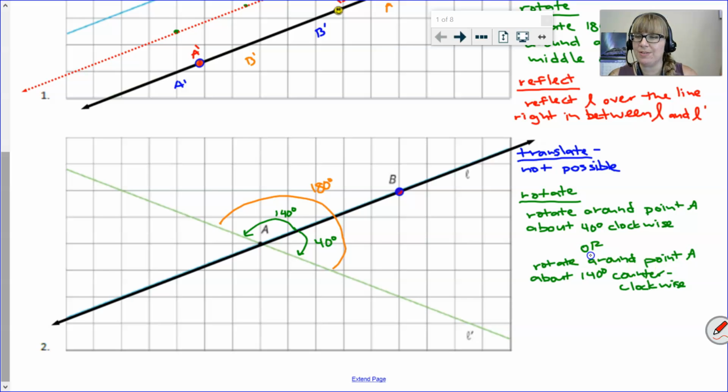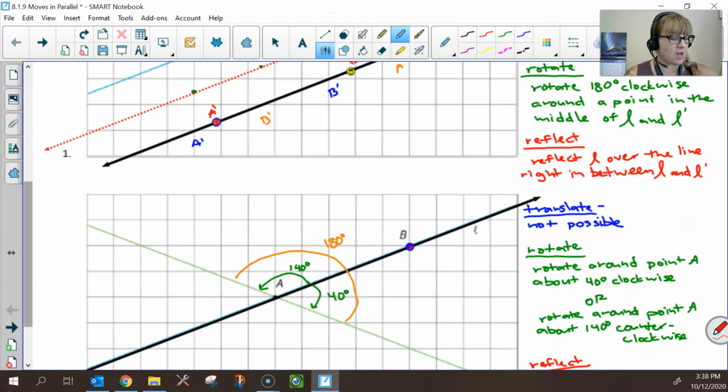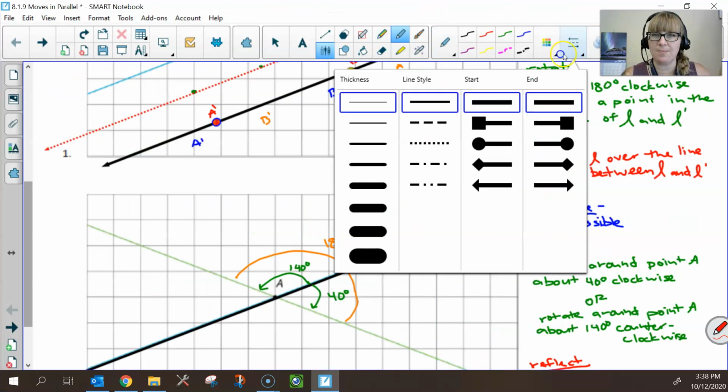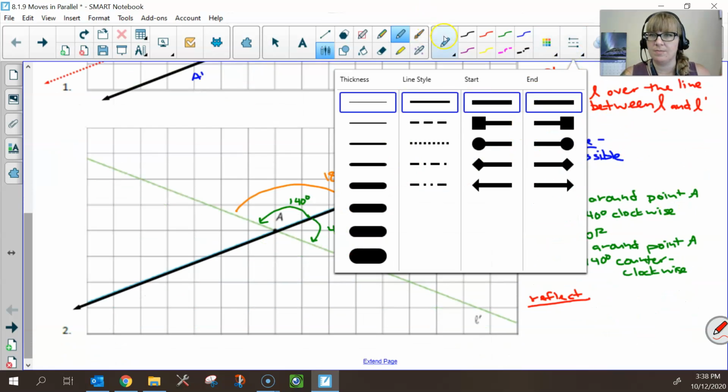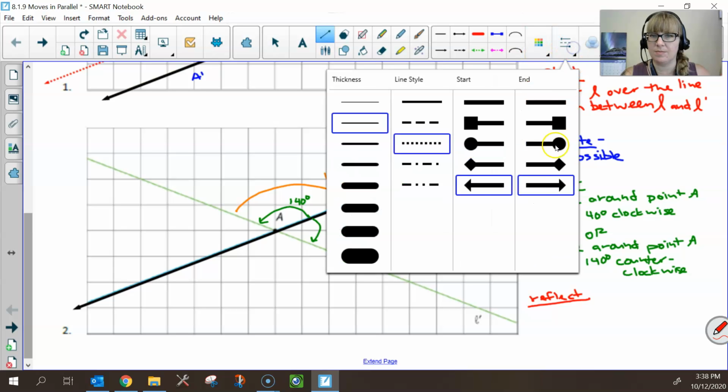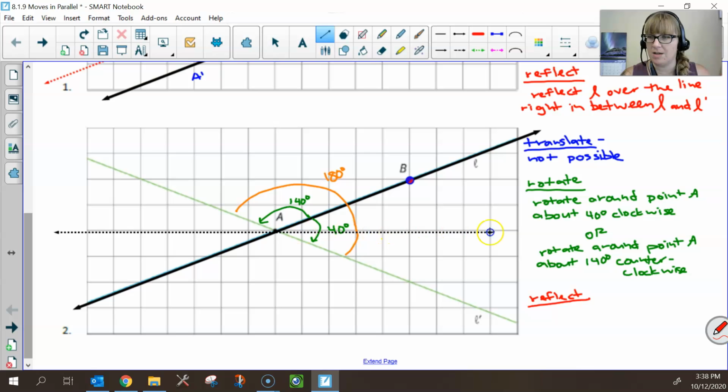And now to reflection. There are actually 2 lines of reflection here. Again, they're best if I draw them for you so that you can see them. All right, let me get those the right color as well.